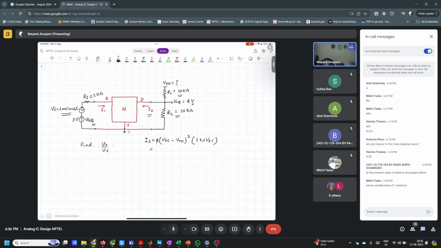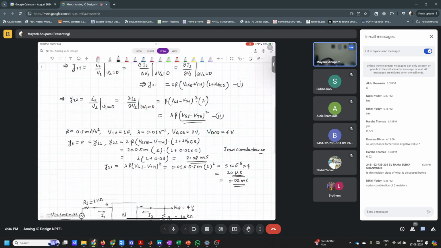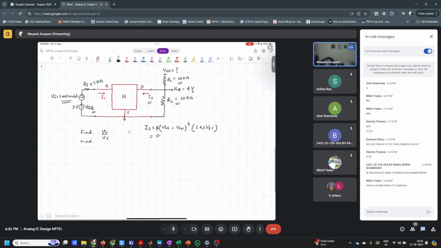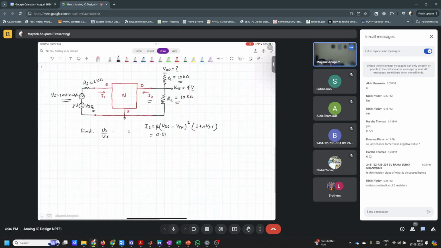So what was that? Beta was 0.5 milli. VGS minus VTH was 2, so 2 square. 1 plus lambda was 0.01 into VDS, which was 4 volts. So 0.5 milli into 4 into 1.04, right?